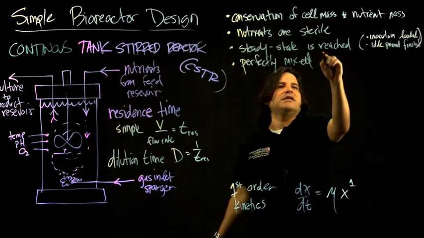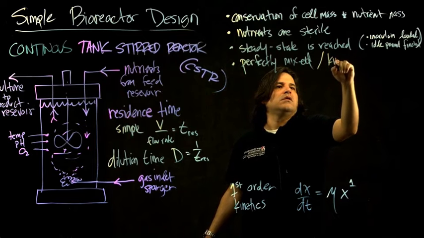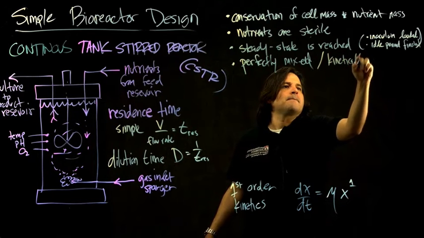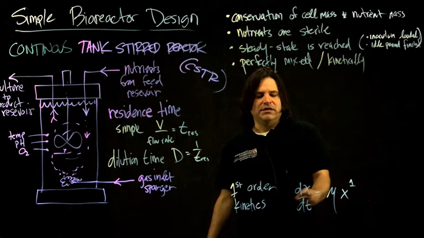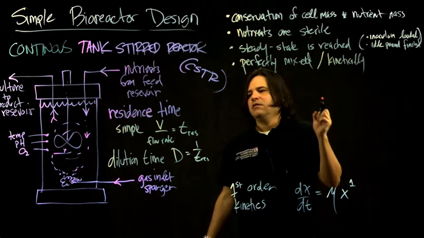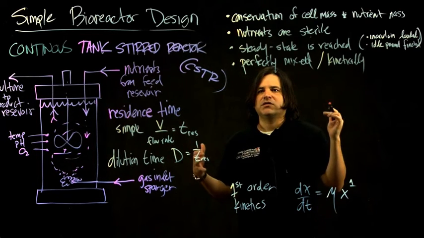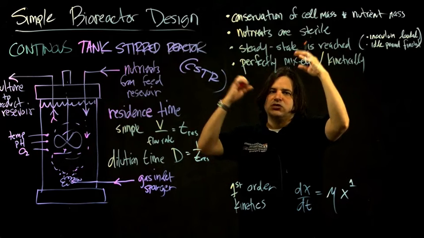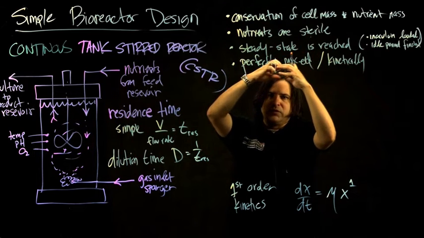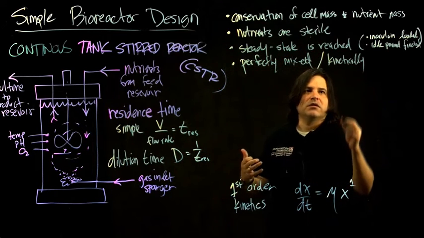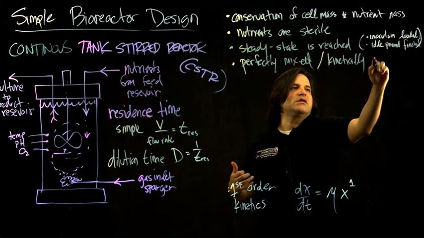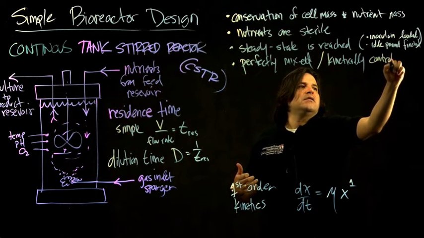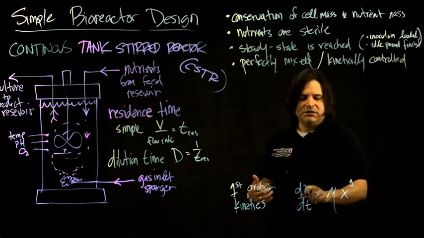So that means it's kinetically controlled, meaning the only thing going on is this reaction here, not any mass transfer where the cells need to travel somewhere to meet with the nutrients. That can happen, but that's a different regime. Instead of mixing control, this is reaction control.